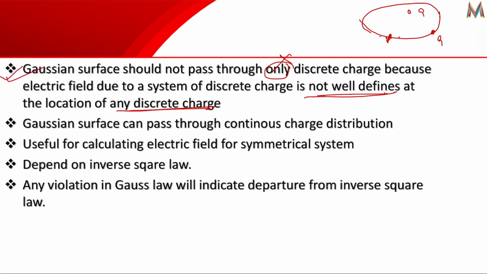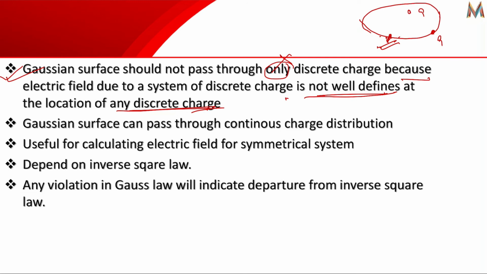Gaussian surface should not pass through discrete charges, because the electric field due to a system of discrete charges is not well defined at the location of any discrete charge. Due to that reason, the Gaussian surface cannot cross through a discrete charge. We should not draw the Gaussian surface in such a way that it crosses the discrete charges. Okay.